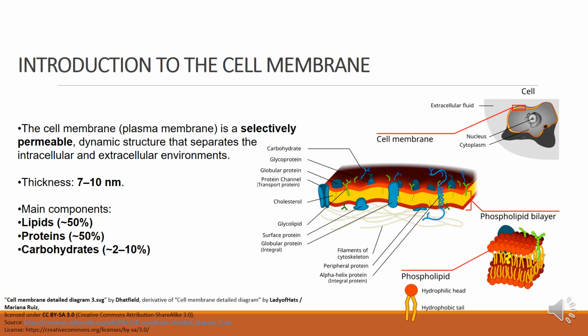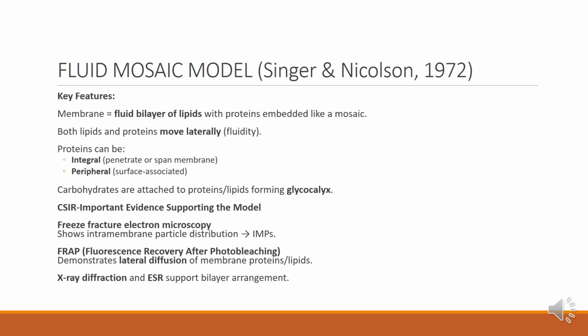Now let's see what the fluid mosaic model is. Let's now discuss the fluid mosaic model proposed by Singer and Nicolson in 1972. This model conceptualizes the membrane as a fluid lipid bilayer with proteins embedded like a mosaic.